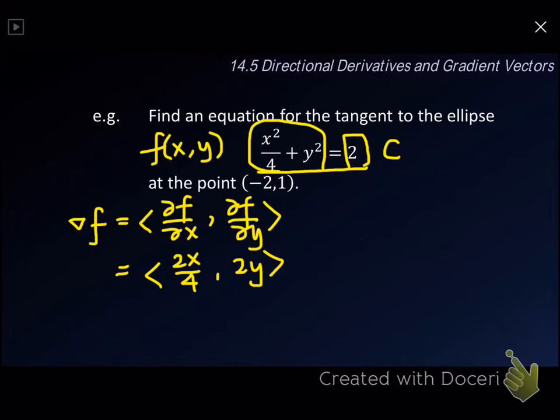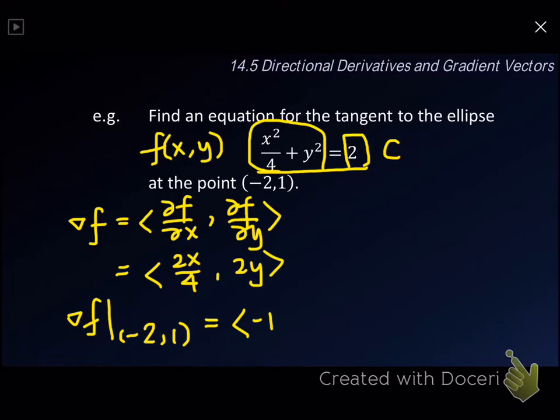And from there, we are going to find the gradient of f at the point (-2, 1). We substitute x with -2 and y with 1, and we get the first component equals -4 over 4, that gives us -1.